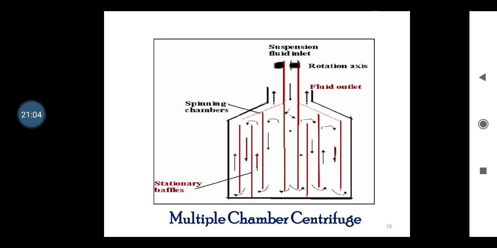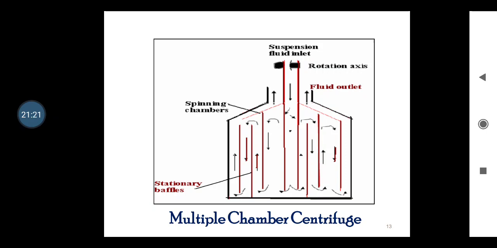So with this detailed mechanism, you can distinguish coarse powder in the first half of the chamber, then moderately coarse in the second half, and fine or very fine particles will move forward, due to lesser density, into the next chamber.